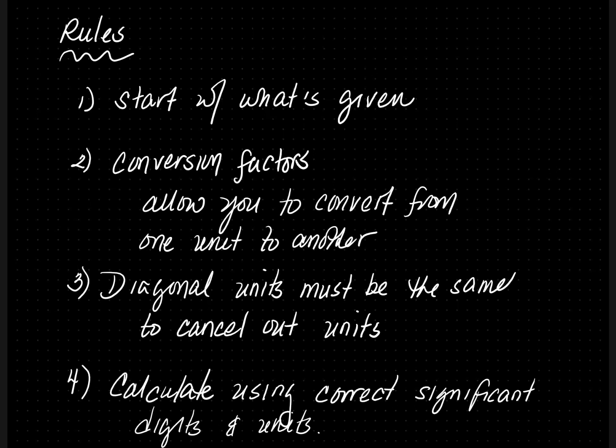These conversion factors allow you to convert from one unit to another. If you are stuck, the next step you want to do is make sure your diagonal units are the same, because diagonal units are the only way you could cancel out units. Number 4, calculate using correct significant digits and units, always.